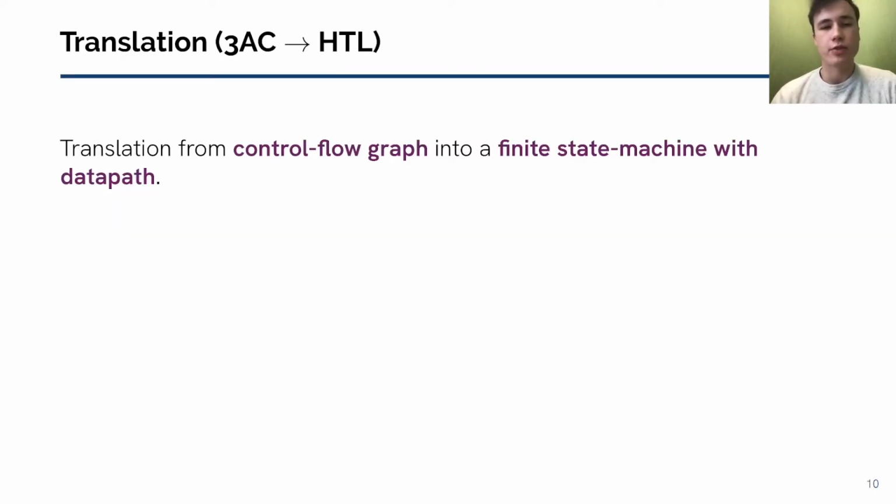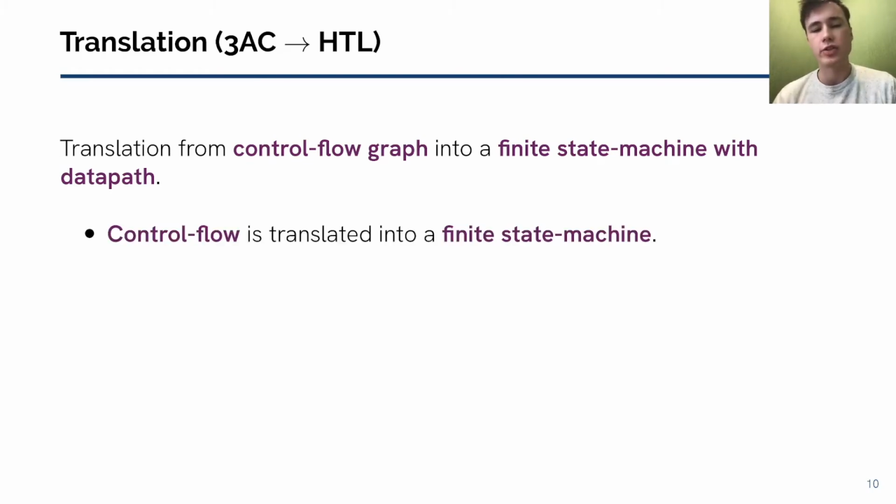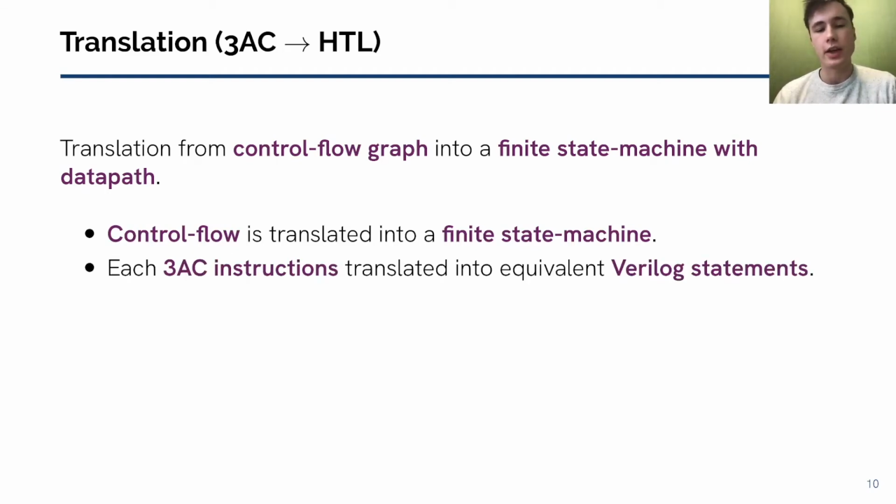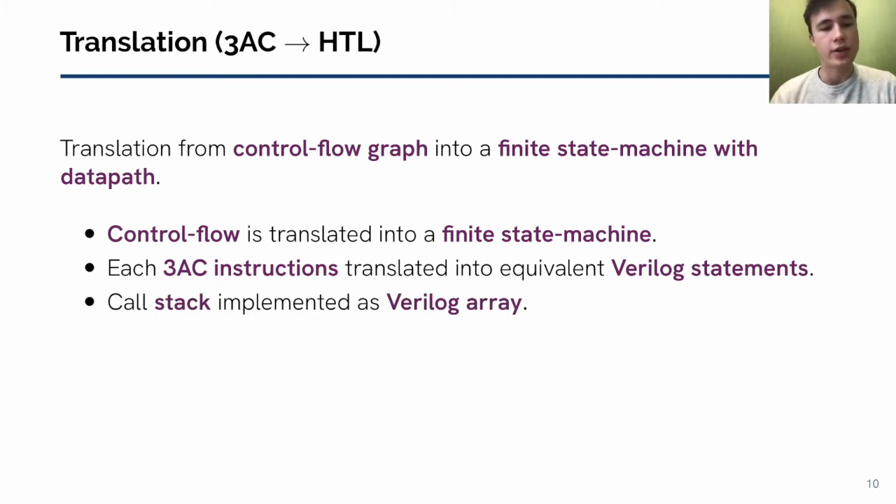So the translation from 3AC to HTL is basically a translation from a control flow graph representation into a finite state machine with data path representation. And so we translate the control flow into a finite state machine. Then we also translate all 3AC instructions into equivalent Verilog statements. And we transform the call stack and translate that into a Verilog array.